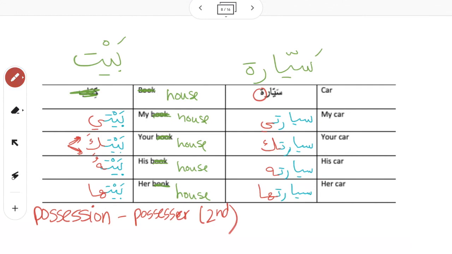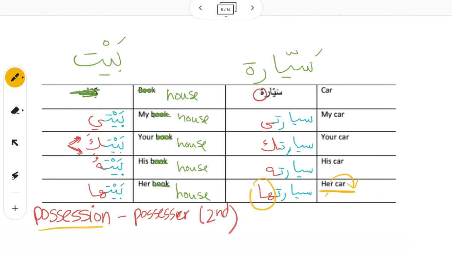So it's car. For instance, we look at car and then hers. Car of her, her car. So when we say her car in English, we put the possession first, but in Arabic, it comes after that noun. Because remember, in noun adjective phrases, the nouns come first. In possessive phrases, nouns also come first.